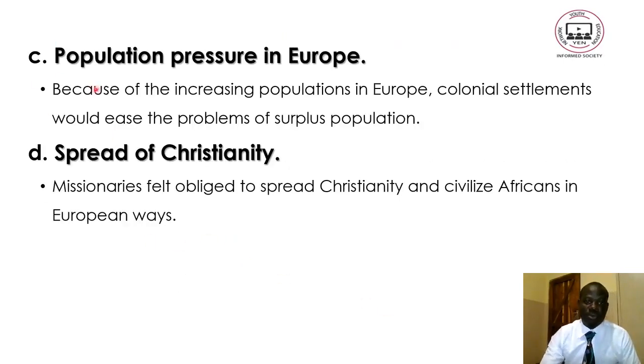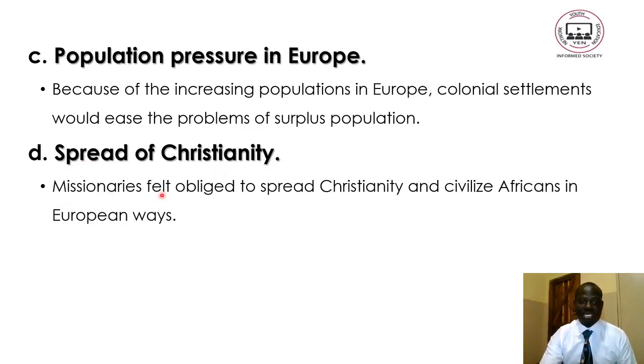And also population pressure in Europe. Because of the increasing populations in Europe, colonial settlements would ease the problem of surplus population. There was that increase in population in Europe, hence they wanted a place for other people to settle. And also the spread of Christianity.